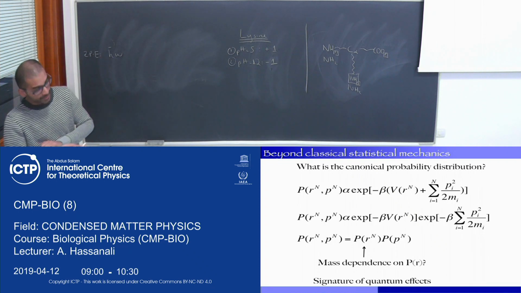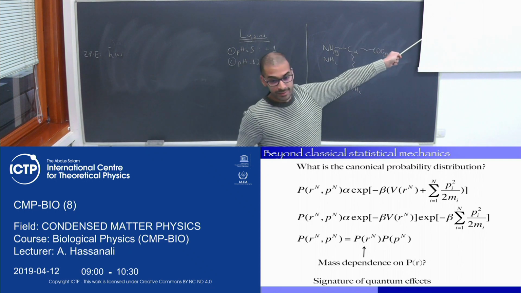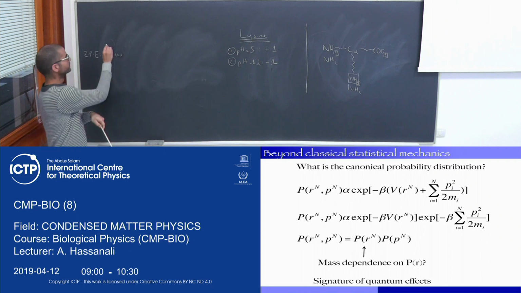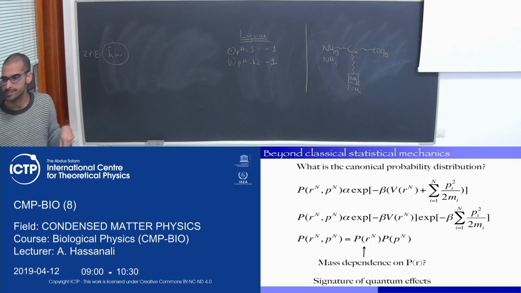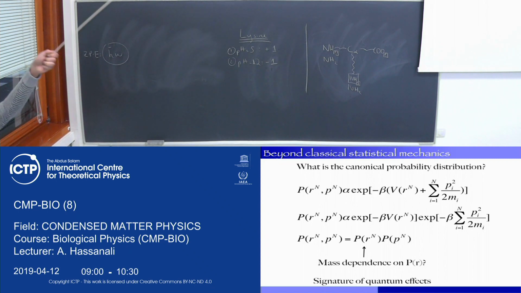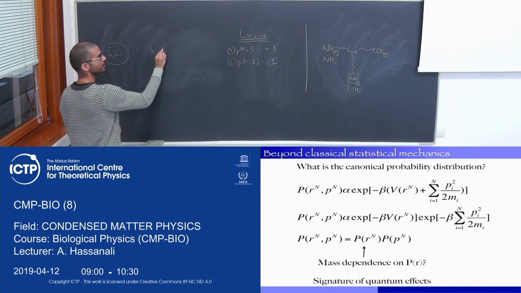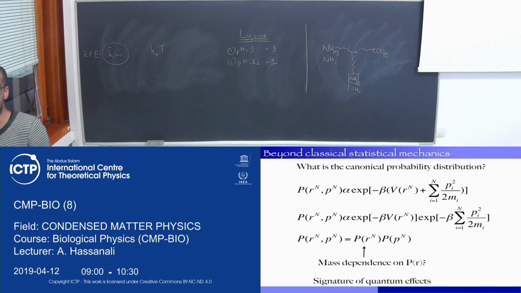Do we all agree that if this is breaking down, I have to worry about this? Because in this classical picture, I'm ignoring this. So okay, so now, what do you think the magnitude of this h bar omega is? Relative to, again, always, kBT. That's always our reference.